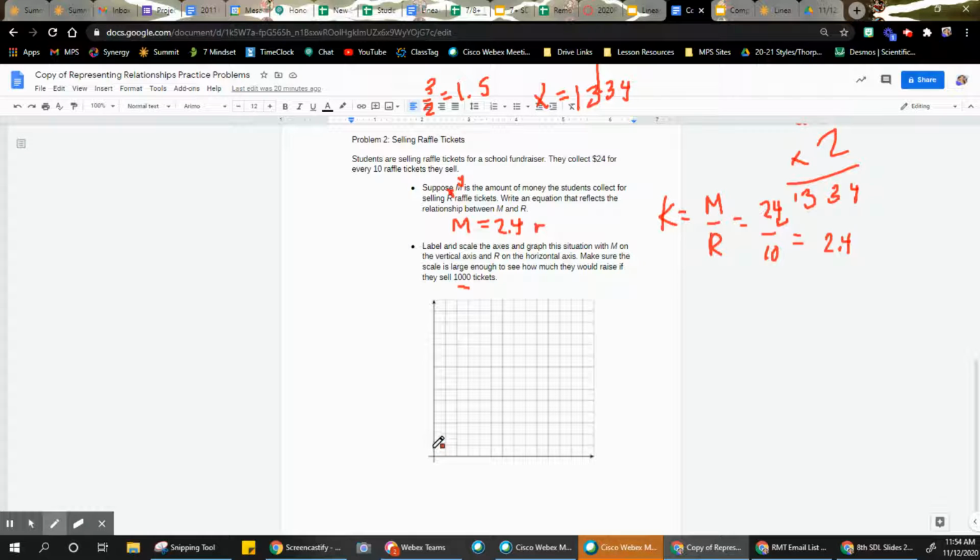So first let's count and see. 1, 2, 3, 4, 5, 6, 7, 8, 9, 10, 11, 12, 13, 14. Okay, so there's 14 spots. So to get to 1,000, we're going to have to keep it quite high.